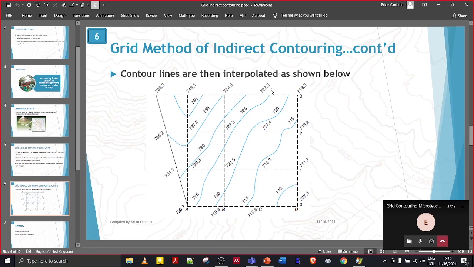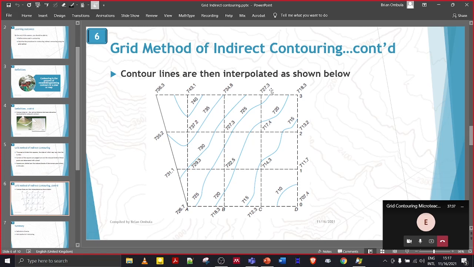Alternatively, you can interpolate by subtracting 718.3 from 727.3. After you get the difference, you count the number of divisions between the two elevation points of the square corners. Then with that, you can locate the precise contour line that you want.